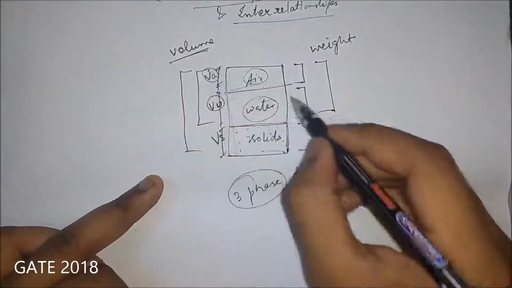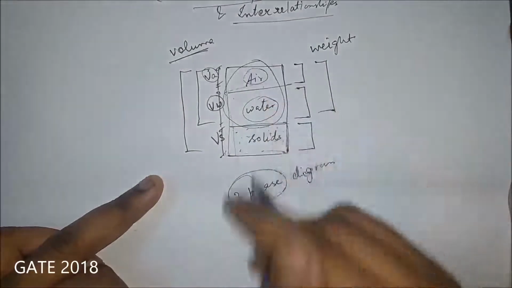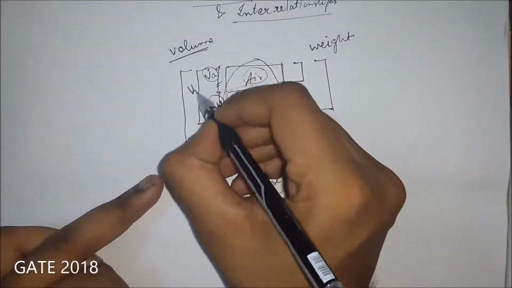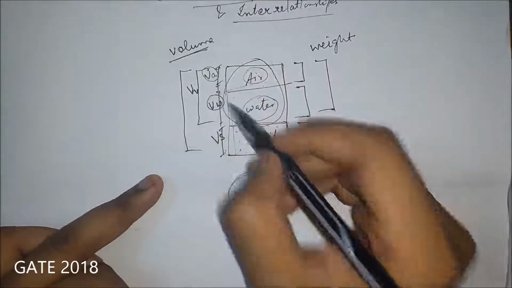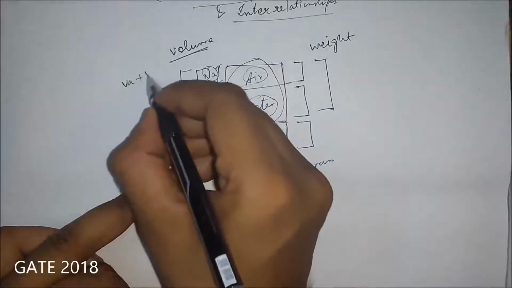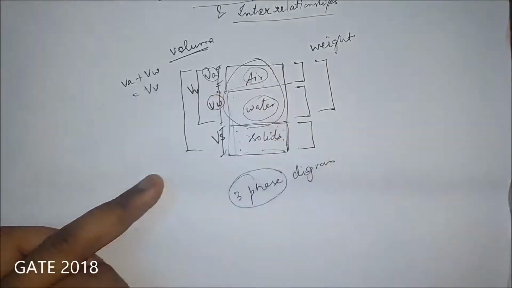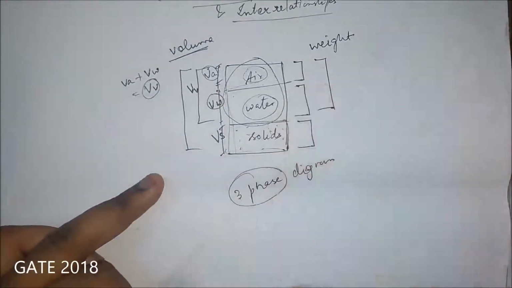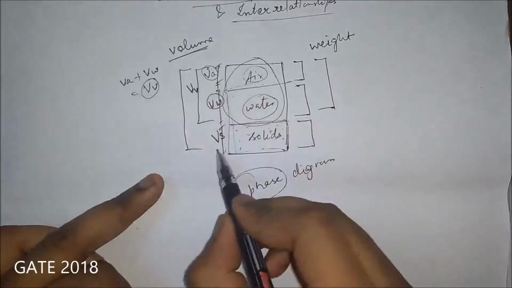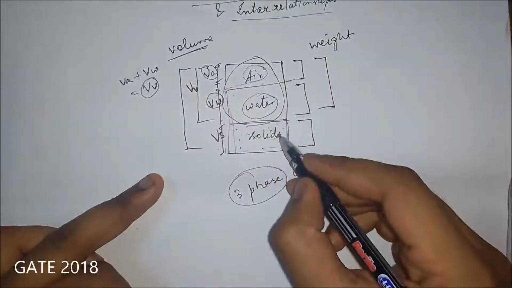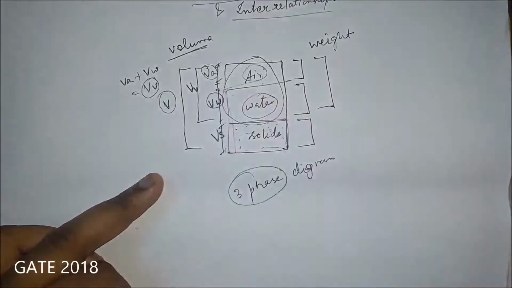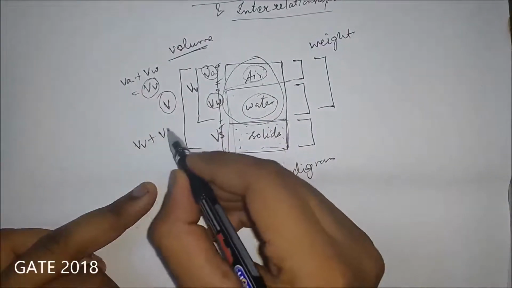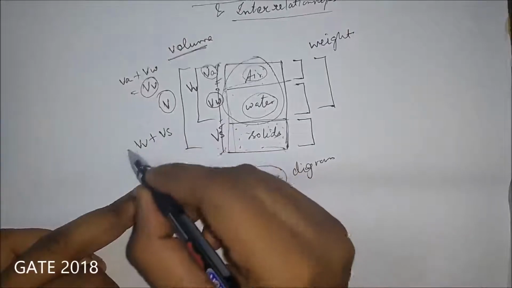Now these two elements will be present in the voids of the soil, so we can represent it by VV. The combination of VA and VW is equals to VV. This is nothing but volume of the void, because these will be present inside the voids only, right? The total volume of the void plus the solids will give you total volume V. That is nothing but VV plus VS will give you V.